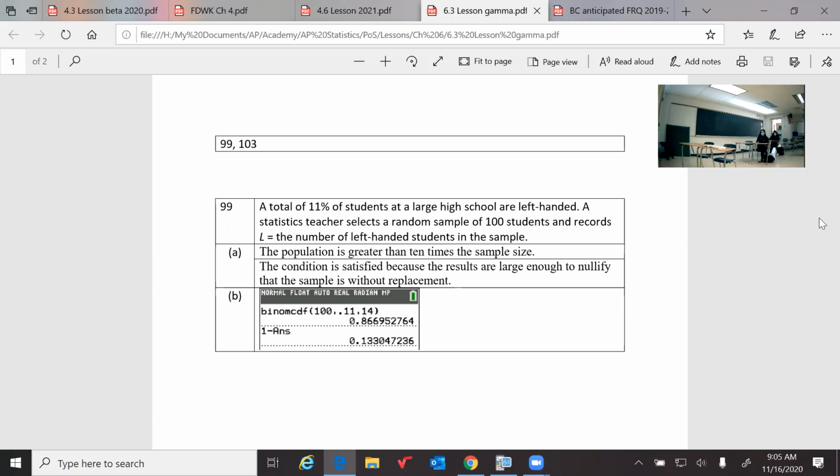For a binomial distribution, we're saying binomial CDF, remember this is discrete. So we're going to go up to and including 14% out of 100, and then do one take away that. So we're getting up with 13%, a little more than 13%. So on the calculator, we're here.